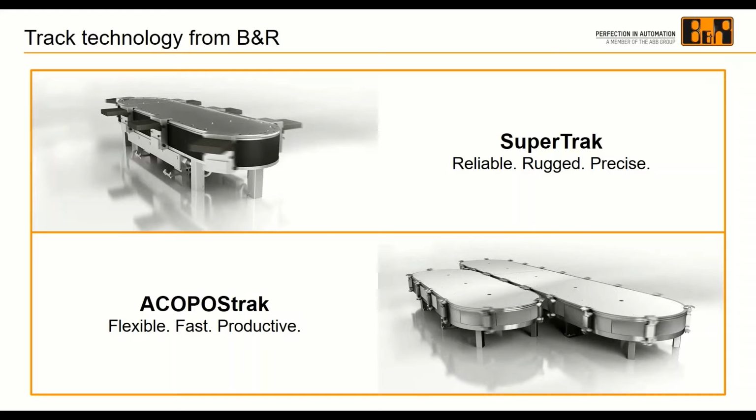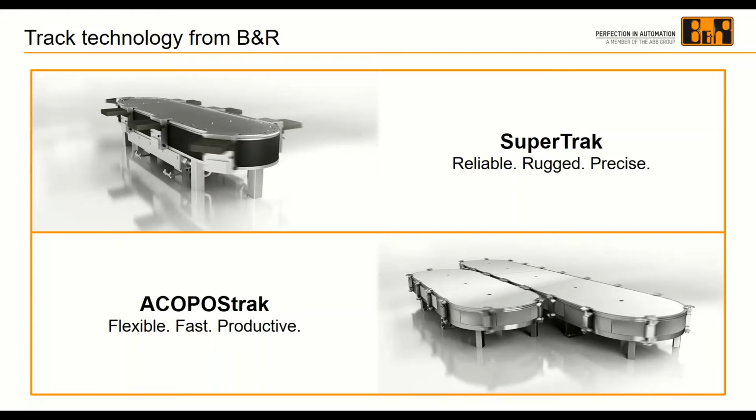And there are actually two different products. We have SuperTrack, which is kind of the big brother of the ACOPOStrak. So we have two different products that utilize the track technology. SuperTrack is in its third generation. It's got more than 15 years in production.